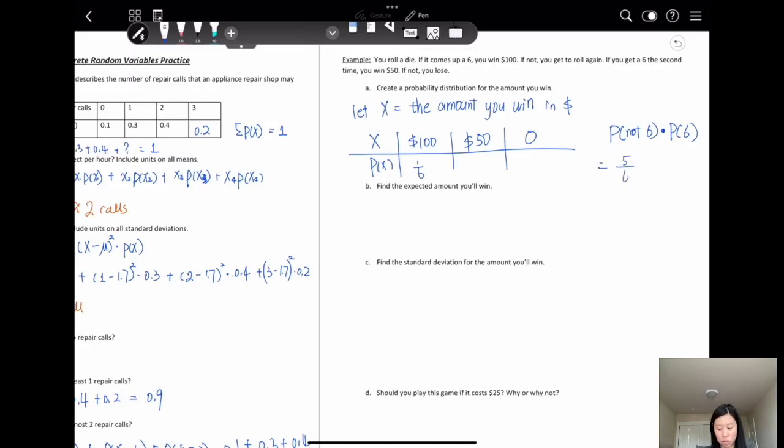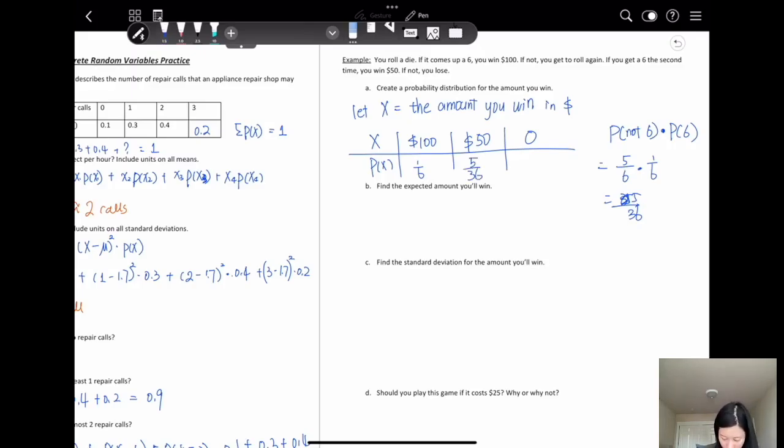Which is 5/6 times the probability that you would get 6 on the second time, which is 1/6. So when you multiply these two together, would be 5/36. That's the probability that when you roll the die twice, the first time you didn't get 6, but the second time you got a 6.